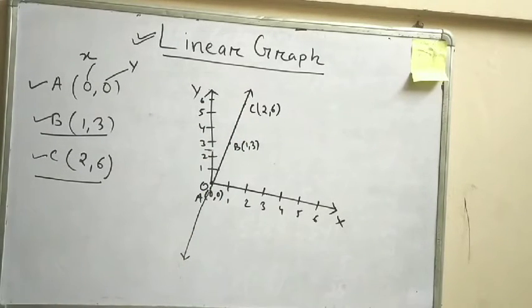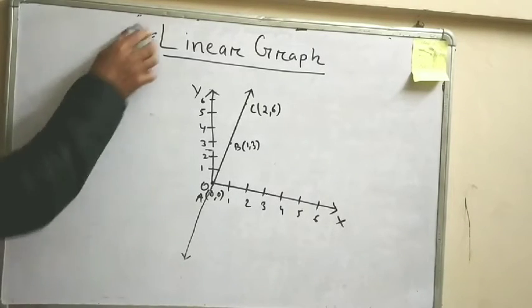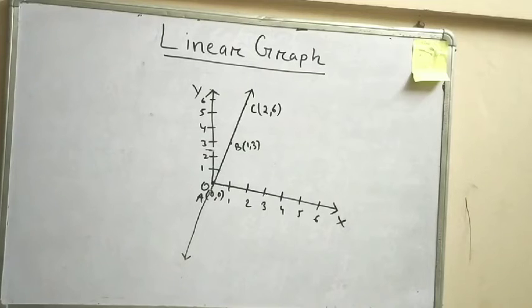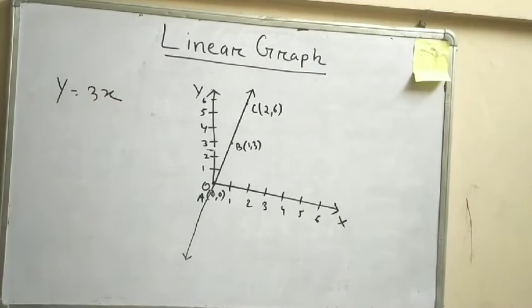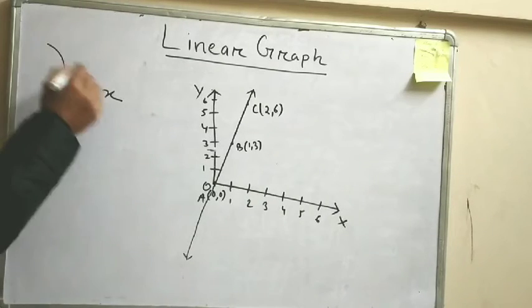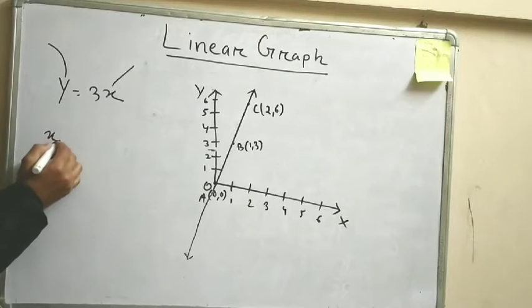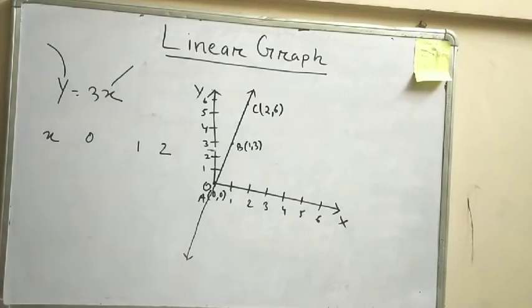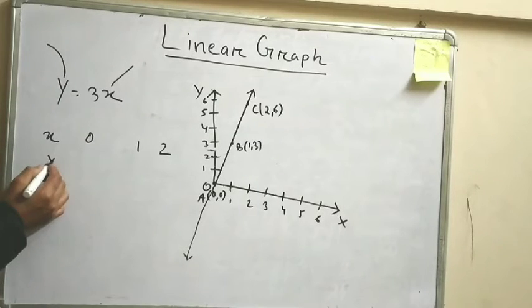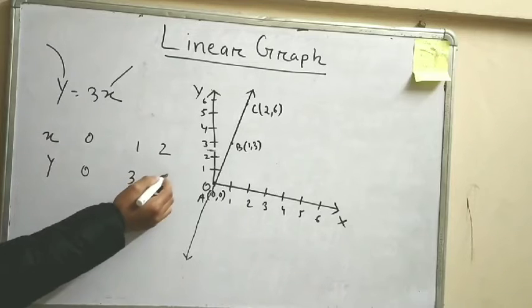line. Now I will give you an example of a linear equation. Let us see: y is equal to 3x. Now there are two quantities, y and x. If we take the values of x as 0, 1, 2, what do we get? We get the values of y as 0, 3 and 6.